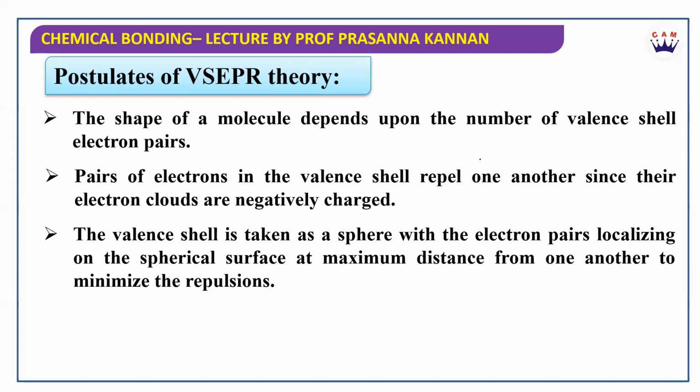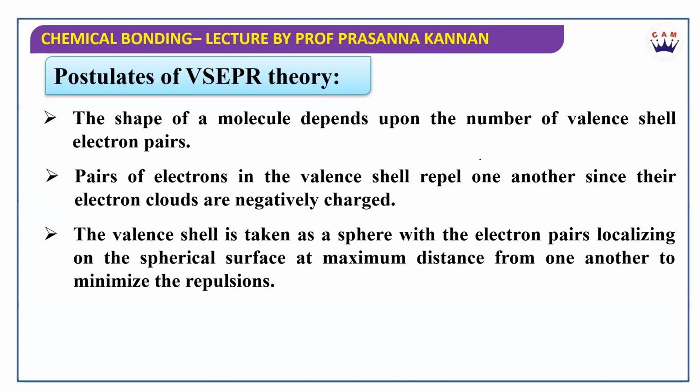So, the third postulate is, if there is repulsion, what will happen? They'll try to be as far as possible from each other. Exactly. That is the third point which you can keep in mind when you draw the structure of the molecule. Is that clear?